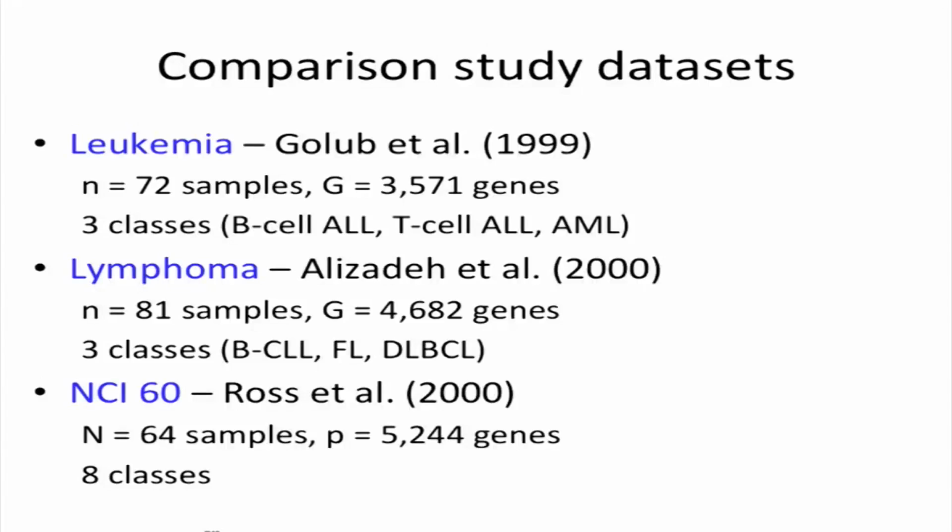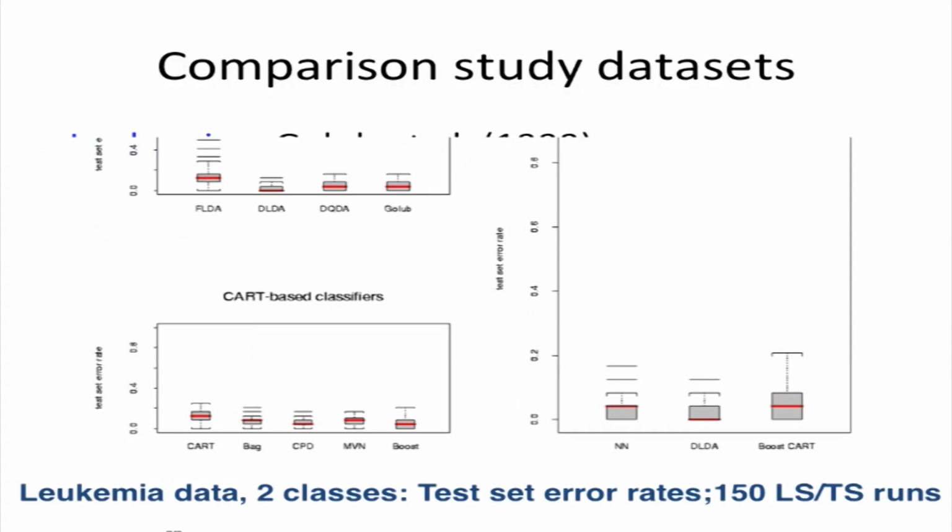But just to caution you, these are only 3 different data sets, okay? But in any event, these authors calculated test set errors for discriminant analysis, classification trees, and so on.